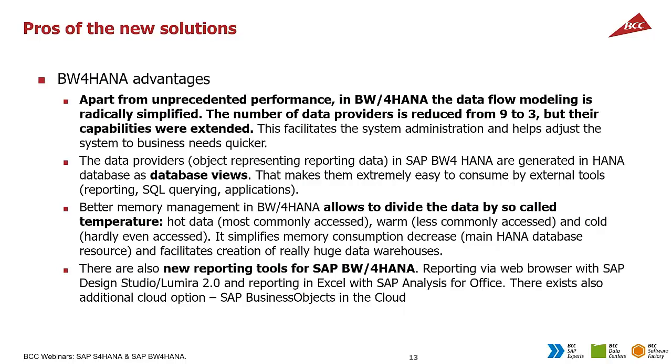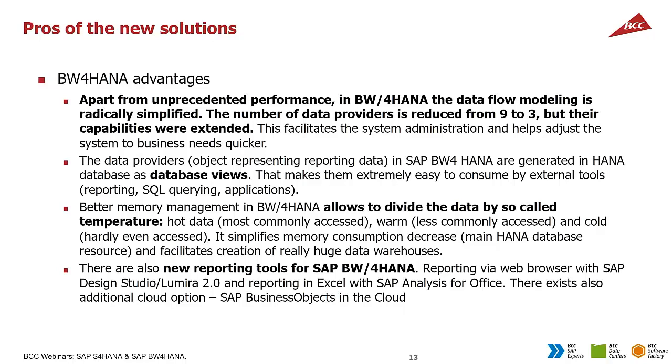Everything that's done in BW for HANA is generated as HANA database views, so you can access every piece of data on the database level, and with, for example, external tools like SQL querying or other applications. BW for HANA extends the memory management capabilities of BW powered by SAP HANA. So you can divide data and do it even on a live system.